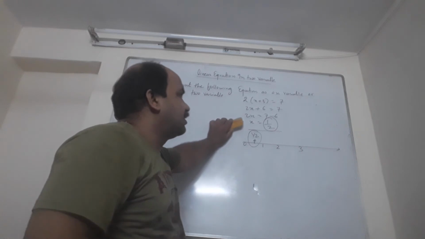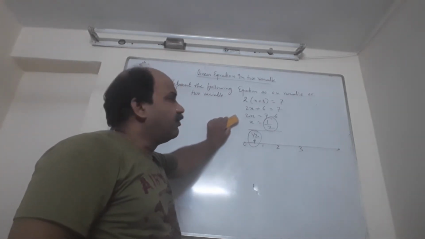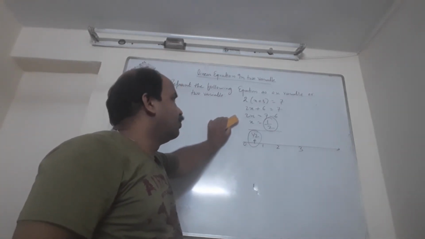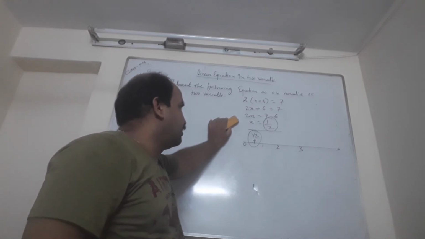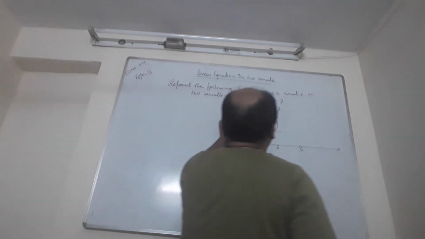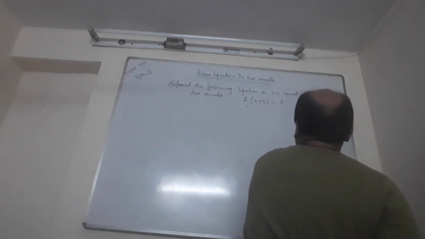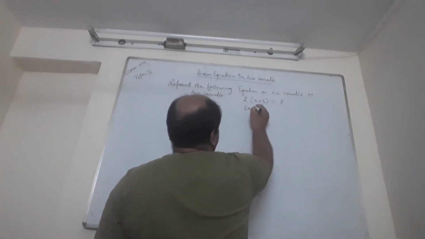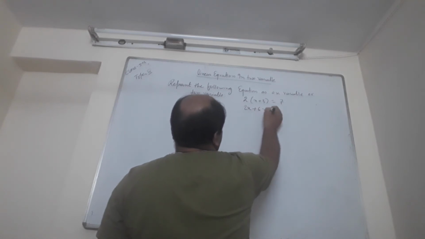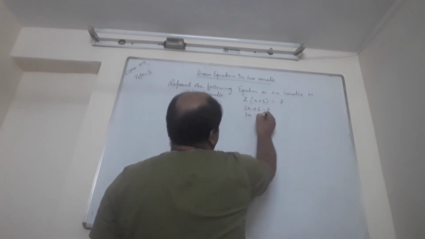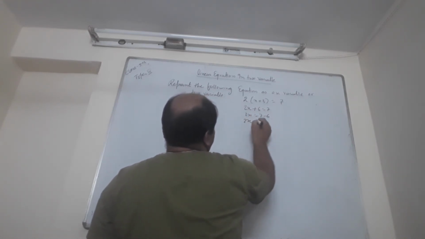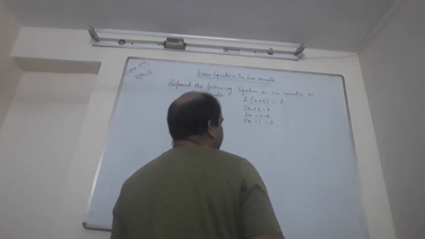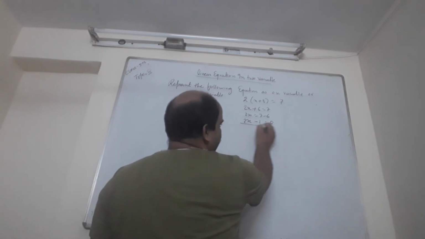The same equation we can represent in the form of a linear equation in two variables. For that, first of all, we solve this equation and write 2x plus 6 equal to 7. So 2x equal to 7 minus 6. So 2x minus 1 is our remaining equation. But this is of one variable.